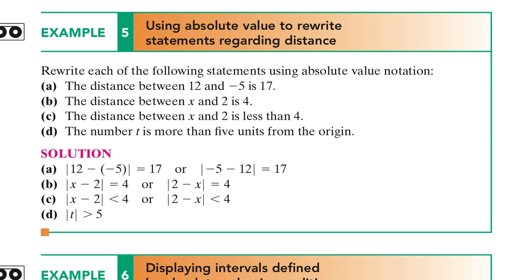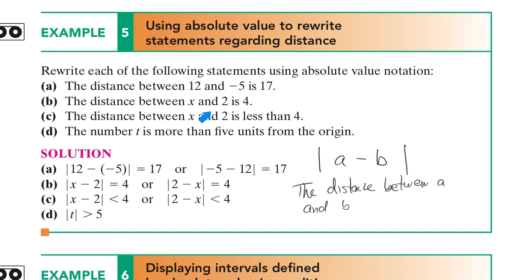So it's as though you have this: |A - B| is said to be the distance between A and B. That's that framework right there. And so we're really just rewriting these statements.